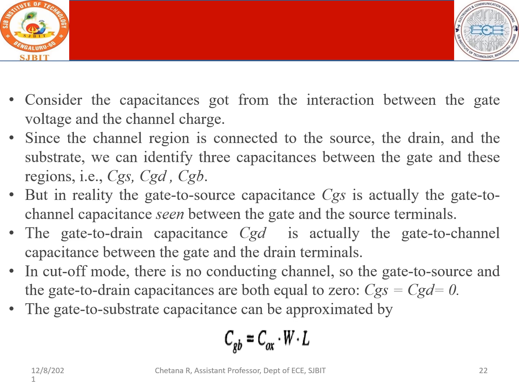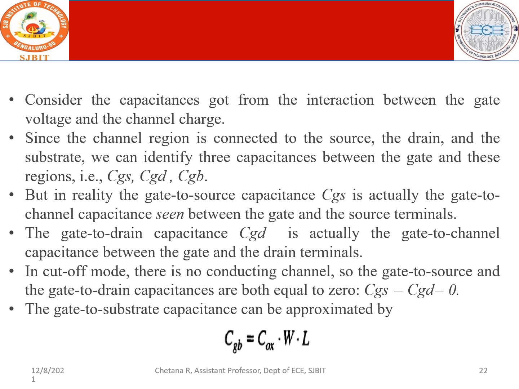These are a few more capacitances arising because of the contact between the gate and the channel. But generally CGS is actually the gate to channel capacitance seen between the gate and the source. Once you have a channel, it is all together the same. The junctions have been broken, source and drain are connected, and therefore you have them together as the source, the channel or the drain. The gate to drain capacitance CGD is actually the gate to channel capacitance, as I said. So CGD and CGS are equivalently channel capacitances.